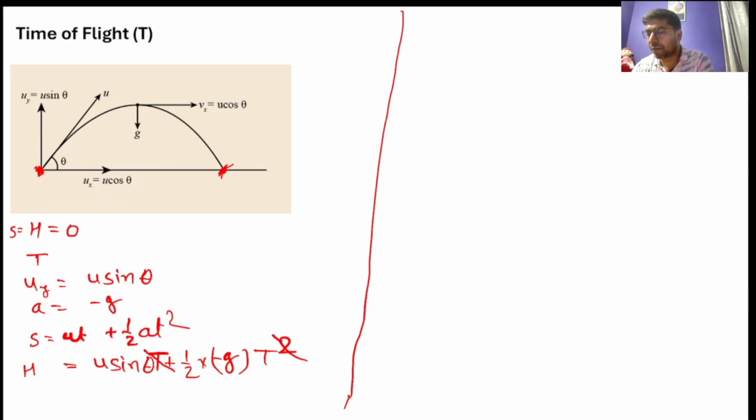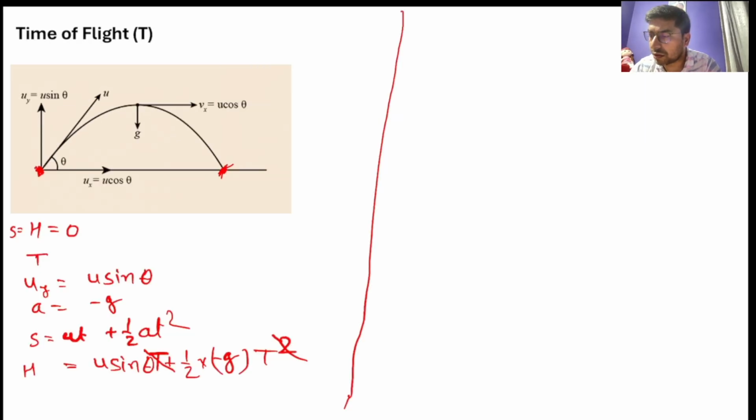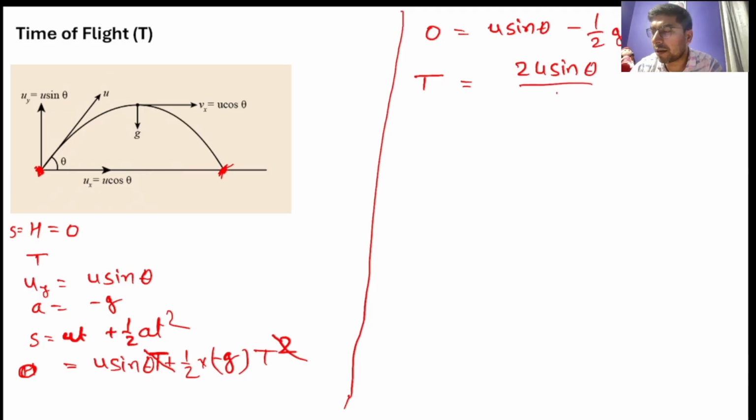And h we can write as 0. So 0 is equal to u sin theta minus half g into t. So from here we will get t equal to 2u sin theta divided by g.